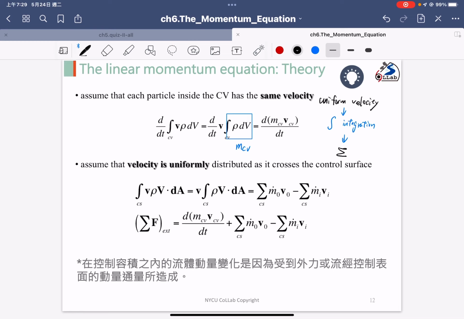Okay, so this is another form of the linear momentum equation. The sum of the external force is equal to the change with time of m_CV V_CV, plus the momentum change caused by the outflow part, and another is the momentum change caused by the inflow part, and there is a minus sign here.